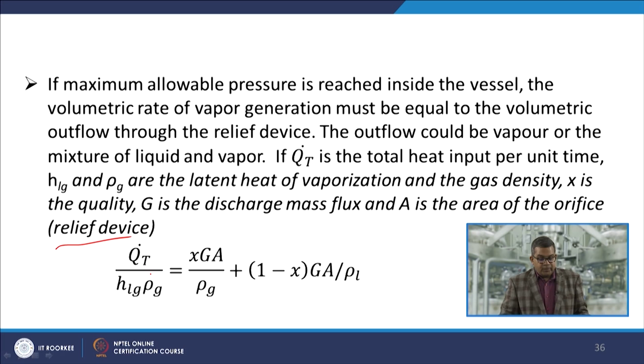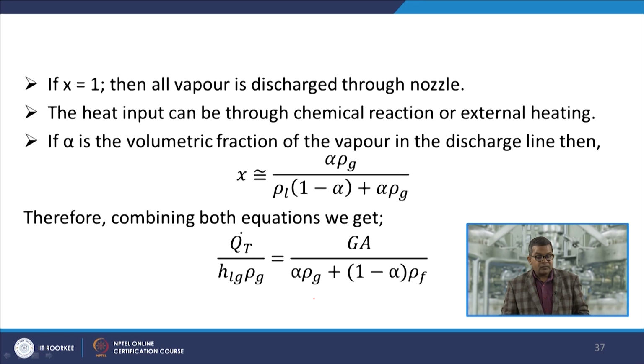Then Qt upon HLG rho g is equal to xGA upon rho g plus 1 minus x into GA upon rho L. Now, let us take that x is equal to 1, that is all vapor discharged through the nozzle, that is there is no liquefaction.